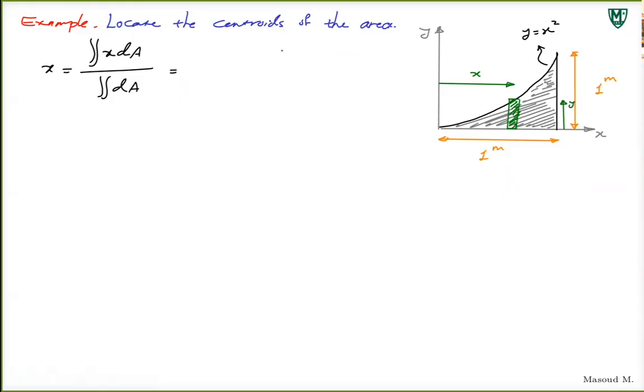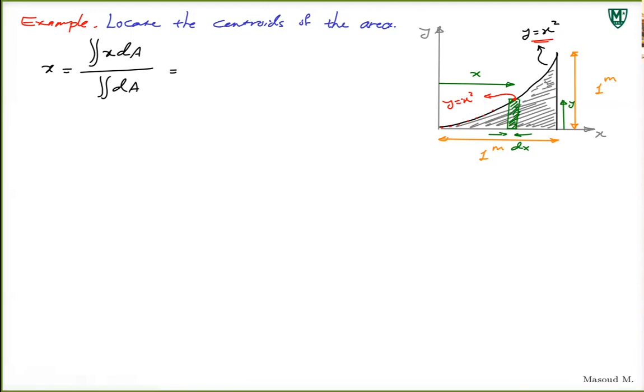And y and x are related, right? At any point on this black line, y is equal to x squared, because that's the equation for the line. So we know that y and x are related. This element is a small element with width dx.